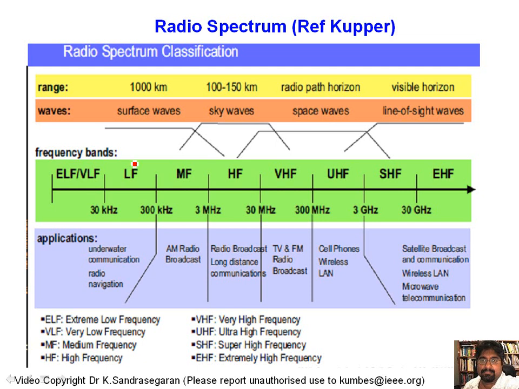For example, at low frequency bands, electromagnetic waves can travel along the surface of the Earth as surface waves, so we can go well beyond the horizon. Whereas as we move to higher and higher frequency bands, we need a line of sight path between the transmitter and the receiver for communication to take place.